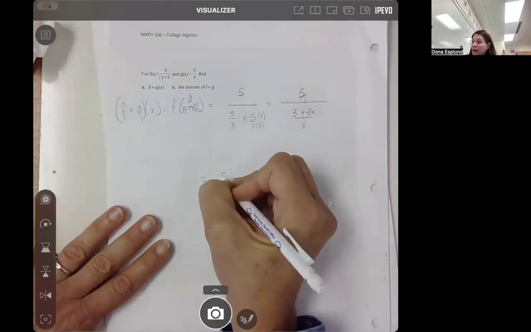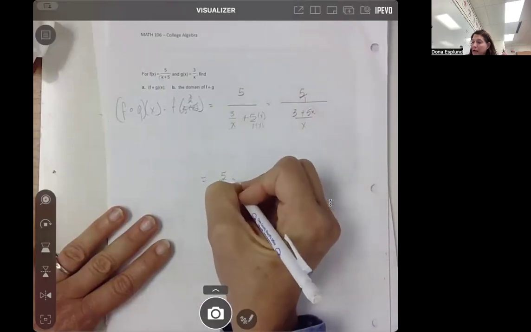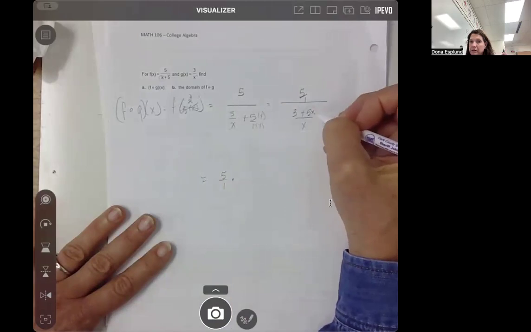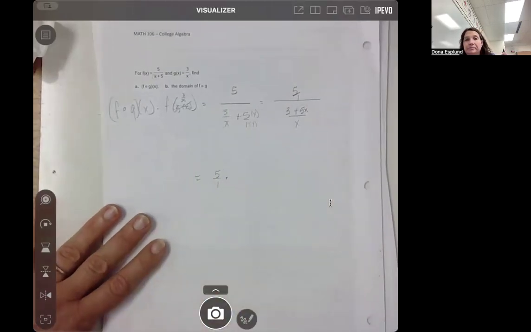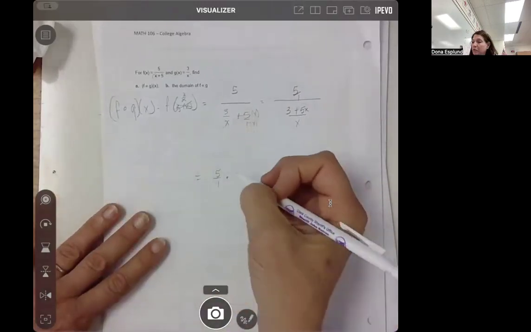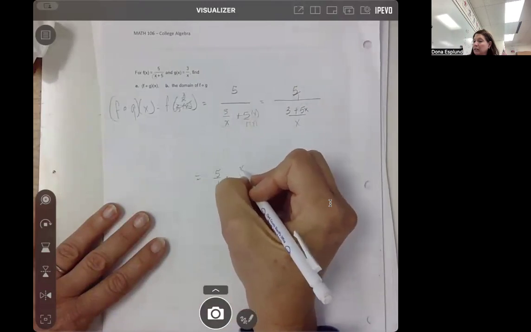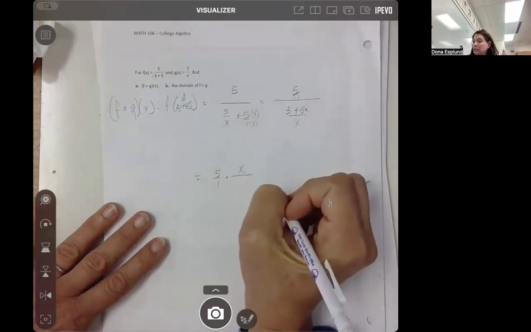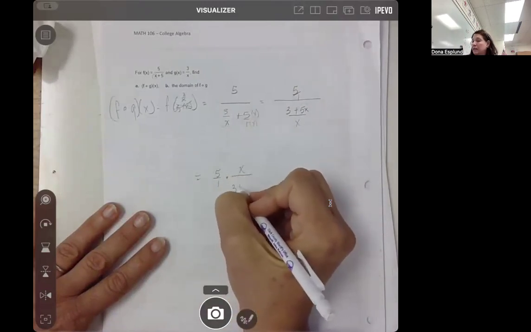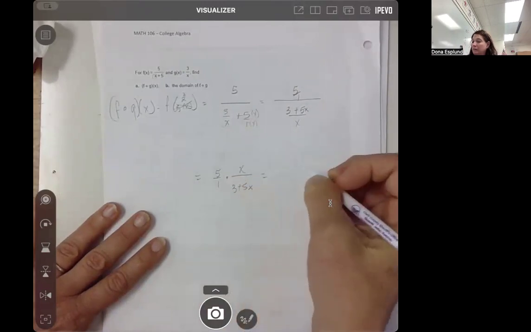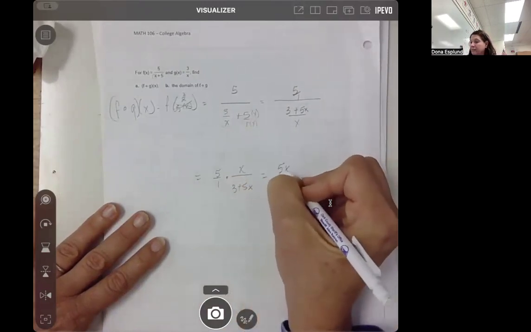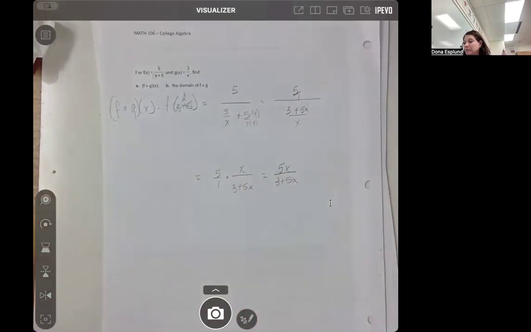So I'm going to go 5 over 1 times the reciprocal of my denominator. So I'm going to flip it. So it's going to end up being, yes. No, you can't. Nope, you can't. Very good. And that would be your answer.